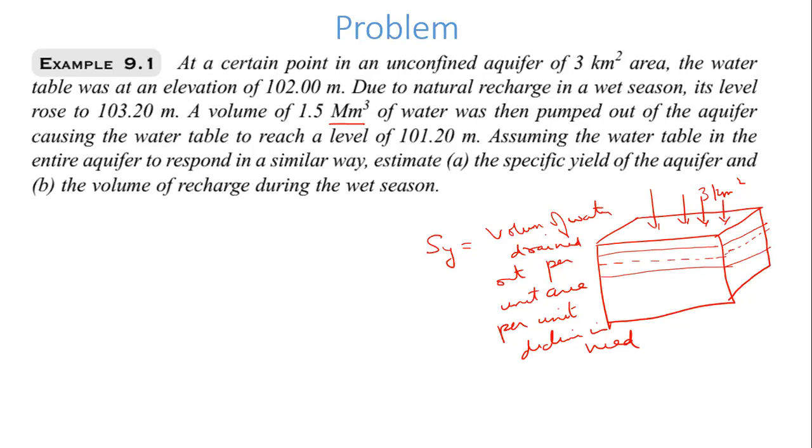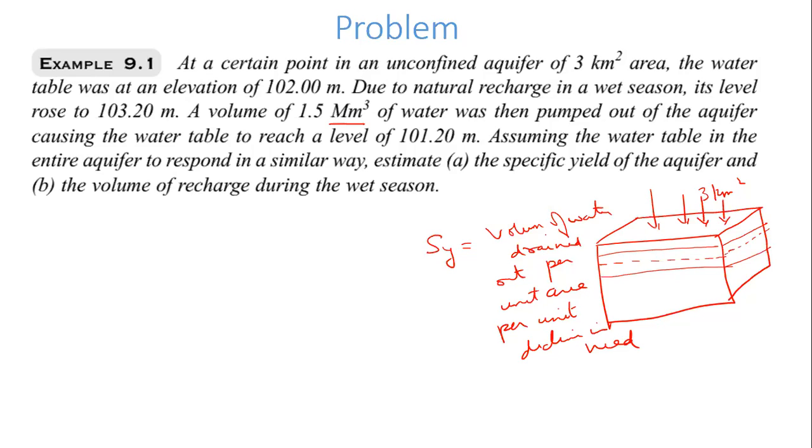Now here, the total area is given and the total decline in head is given. So if a unit area and a unit decline causes S subscript Y amount of water to drain out, how much SY would result in a decline of how much is it?